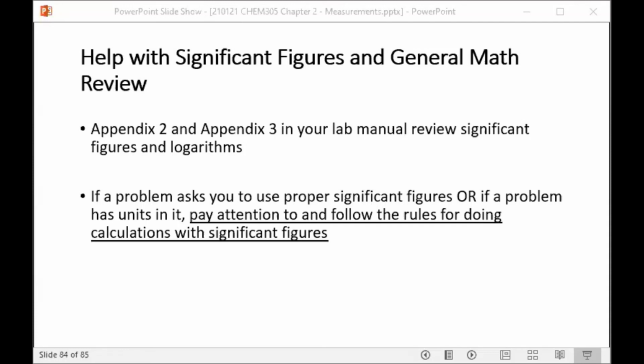If a problem has units in it, you need to check the units to think, okay, do these units represent an exact number, like a counted object or a definition, or are these units representing a measurement? And anytime you have a measurement, you're going to have to take into account the sig figs and follow the rules for sig figs if you're multiplying, dividing, adding, or subtracting that number, so that when you get to your final answer, you can round it to the right number of sig figs.